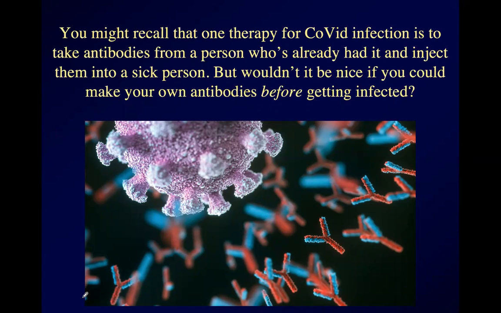There's a whole technique that I'm just not going to have time to go into, where in the lab you can induce rabbits, for example, to produce antibodies that are targeted against a very specific pathogen. They're called monoclonal antibodies.